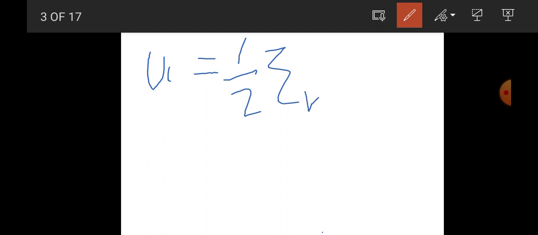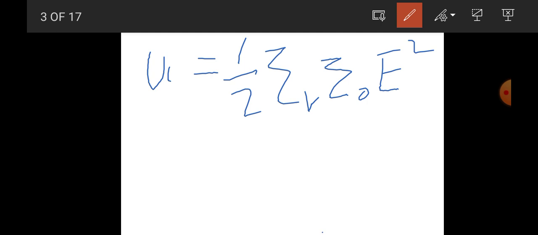Electric potential, no, sorry, energy density is equal to 1 over 2 times permittivity of the dielectric material times permittivity of free space times E square. This is the mathematical expression of energy density.